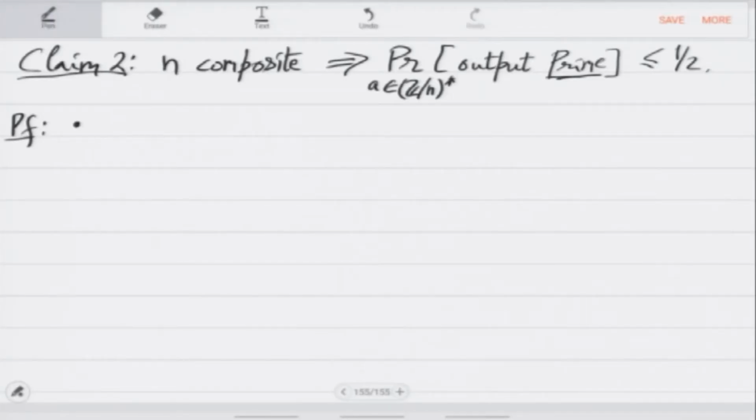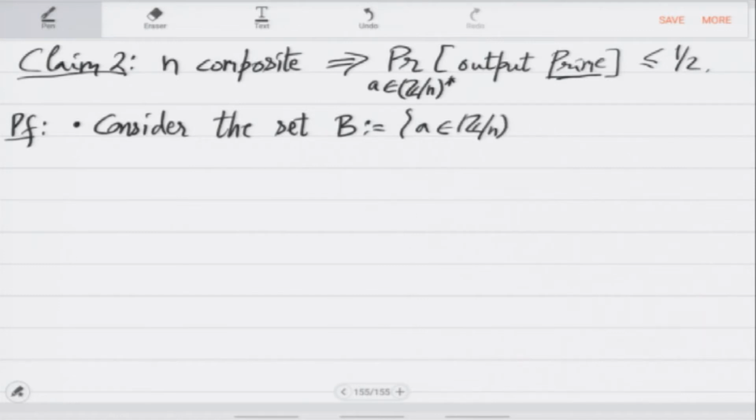So the idea of the proof is you identify a subgroup and use the property that a proper subgroup of a group cannot be bigger than half. So consider the set of bad a's. So n is composite, and still there are these a's such that a by n is a to the n minus 1 by 2 mod n.